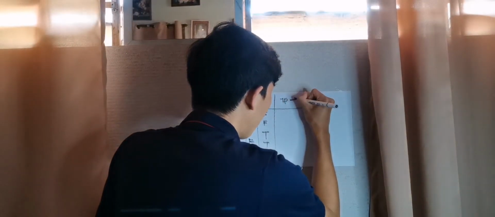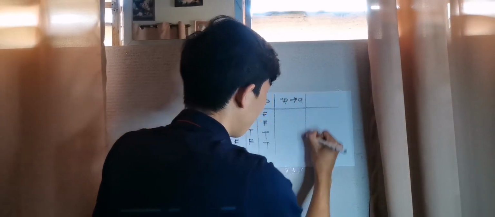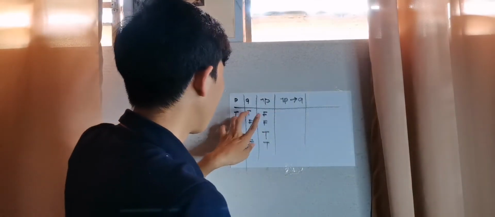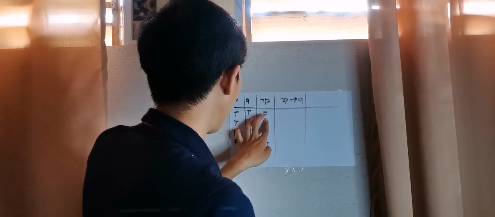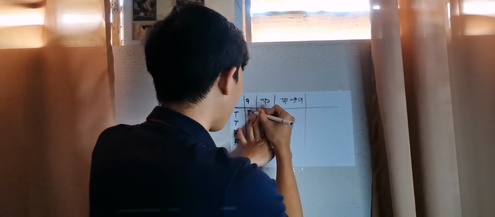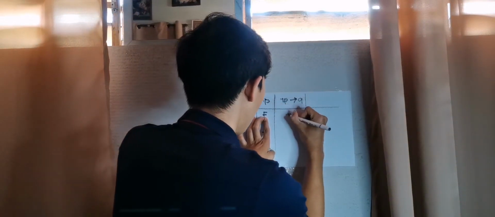And then the first premise, which is the negation of P then Q. That is our first premise. So negation of P, then Q. False, true, it is true.